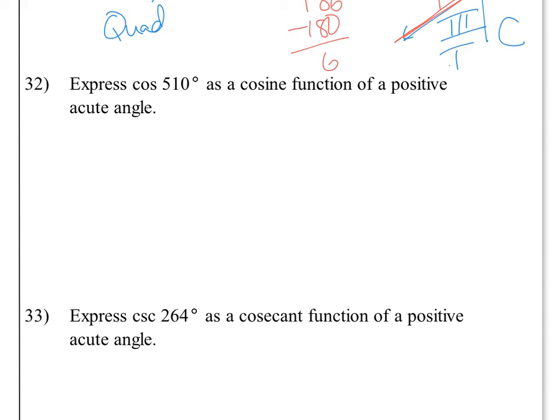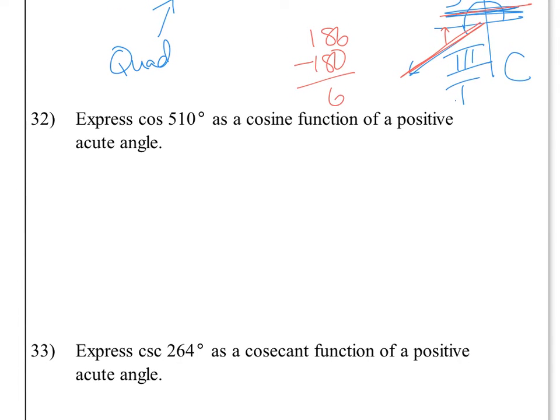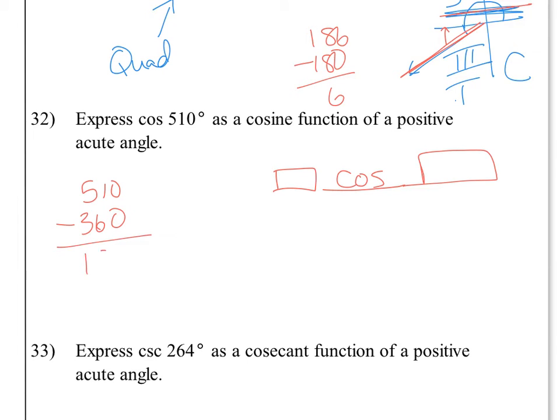Okay, 510. Same idea. Box, line, box. We're going to put cosine here. We have to figure out what quadrant 510 is in. Remember, we need a coterminal angle between 0 and 360. So subtract 360 and I get 150. So 150 is over here in quadrant 2.